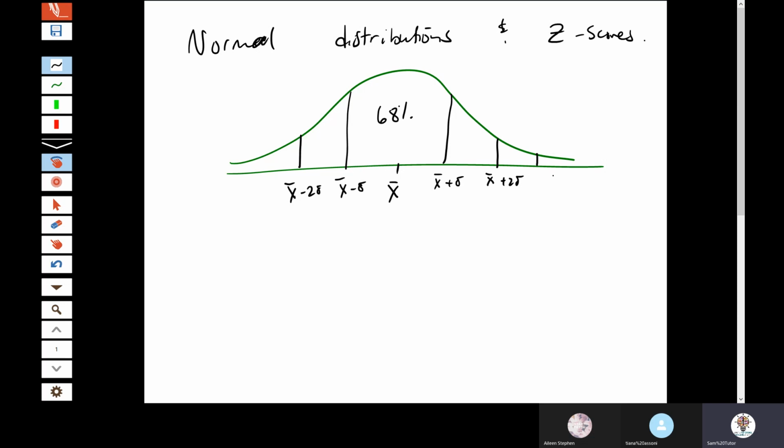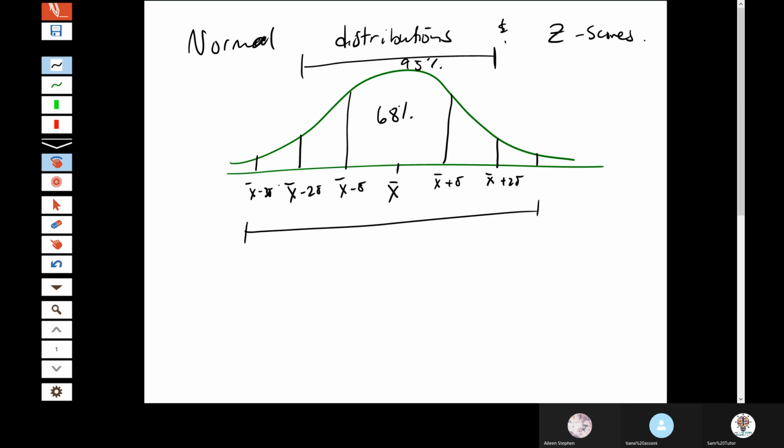And if you go 3 standard deviations away, it captures 99.7% of the data. Whatever's left, the top and the bottom, is 0.3%.